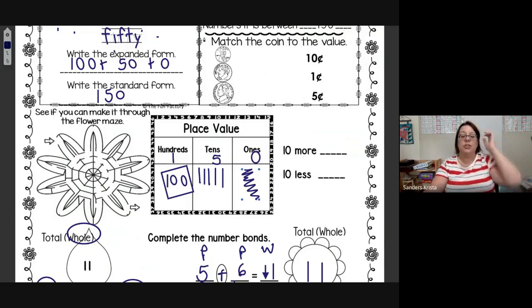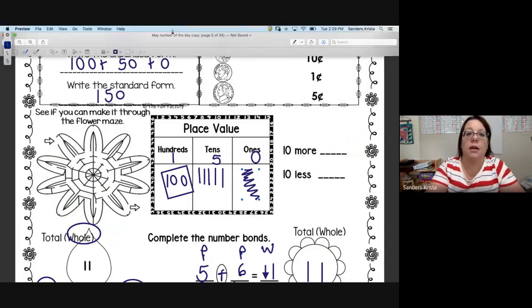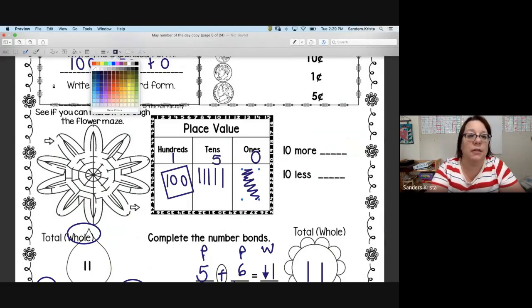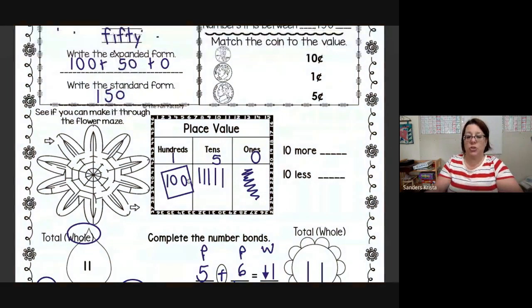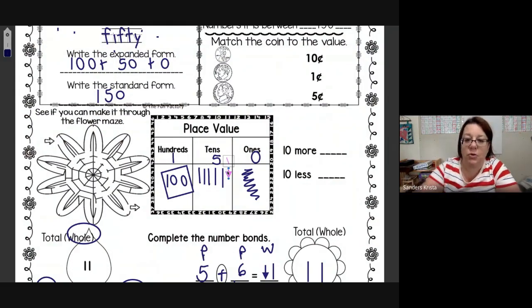So if I want to show 10 more than 150, I'm going to come over here, grab a different color. If I want to show 10 more, all I need to do is draw another, oops, but Mrs. Sanders broke her own rule.